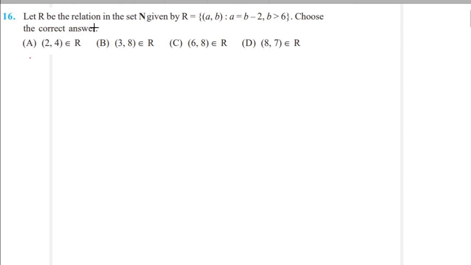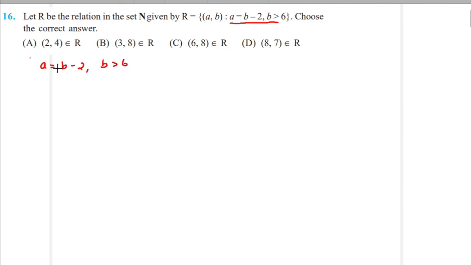Choose the correct answer: (2,4) belongs to R, (3,8) belongs to R, (6,8) belongs to R, (8,7) belongs to R. So this is the relation, and a and b are natural numbers 1, 2, 3, 4, etc. The statement is a = b - 2, b > 6.